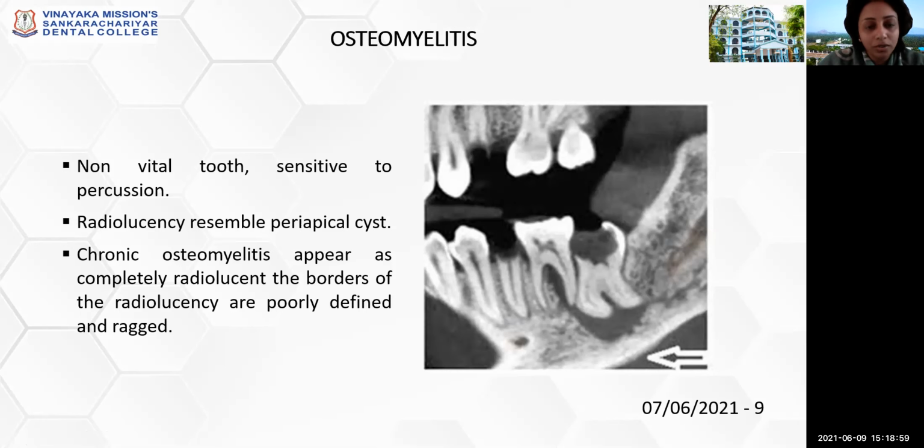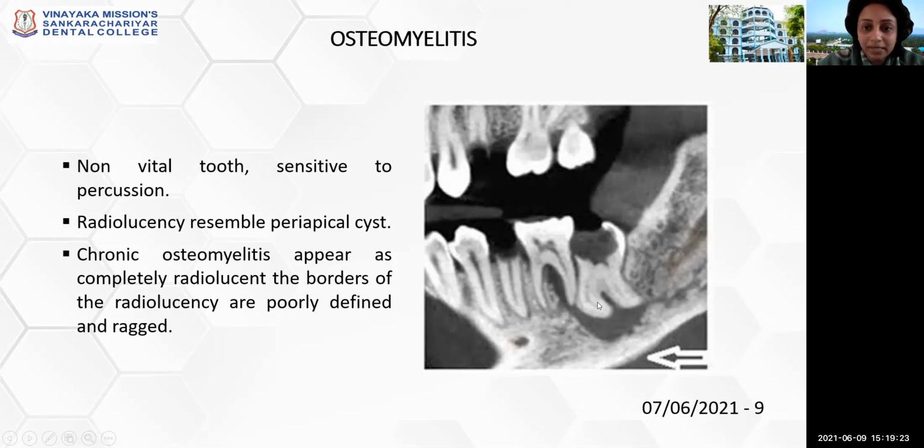Whereas in a chronic osteomyelitis, where the low-grade infection, if left untreated, causes the destruction of the bone, and thereby we will see four radiographic changes. In the early stage of osteomyelitis, there will be complete radiolucency seen at the periapical region of the involved tooth.